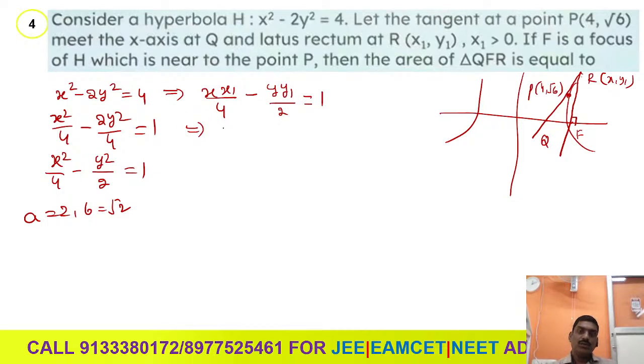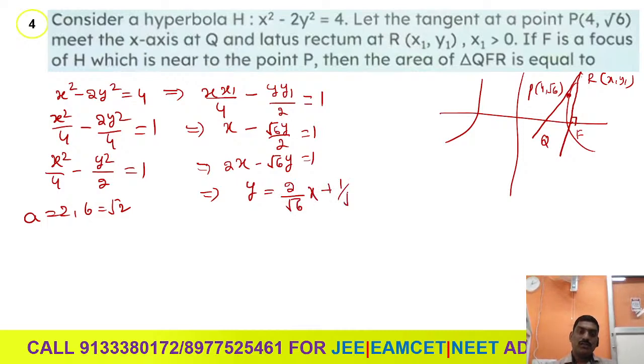So x1 is 4, and y1 is root 6: x minus root 6 y divided by 2 is equal to 1. So finally we get 2x minus root 6 y is equal to 1. So this is nothing but y is equal to 2 by root 6 times x minus 1 by root 6. This is the equation of the tangent.